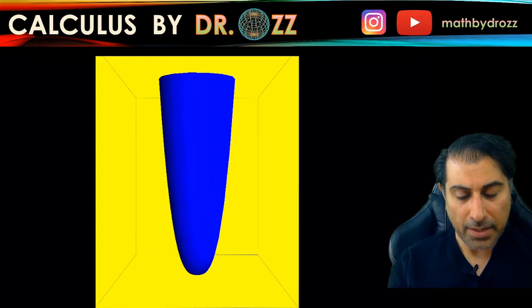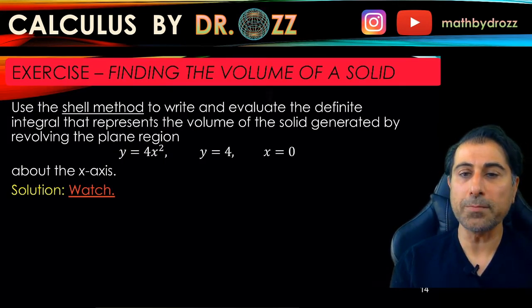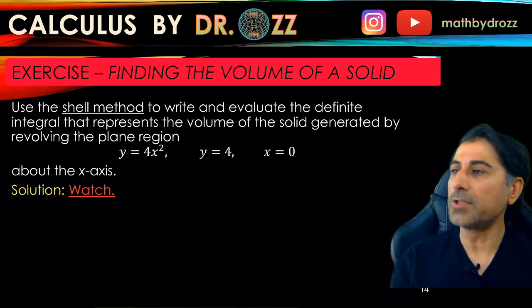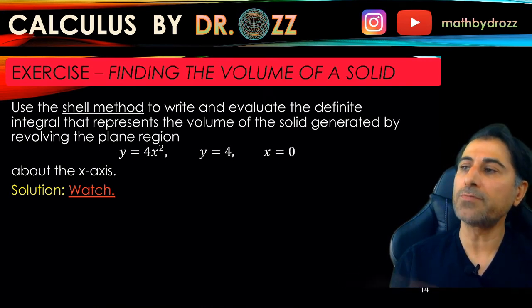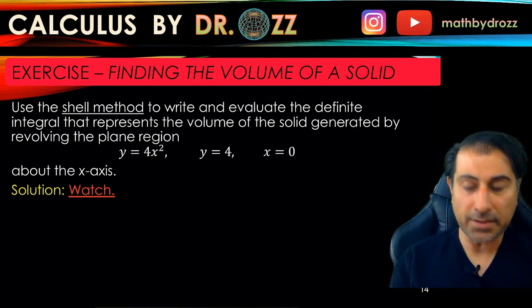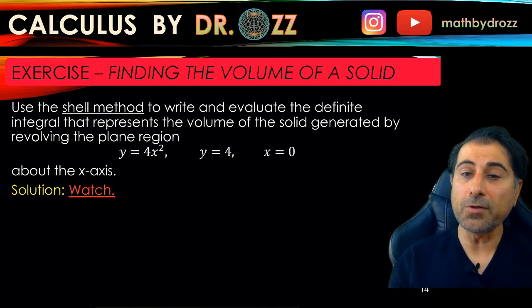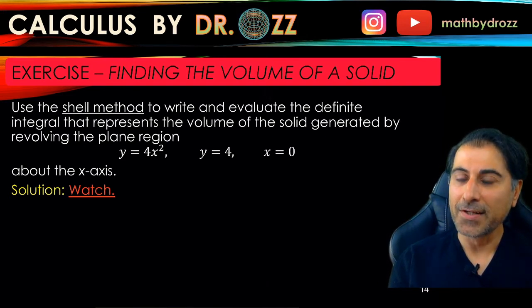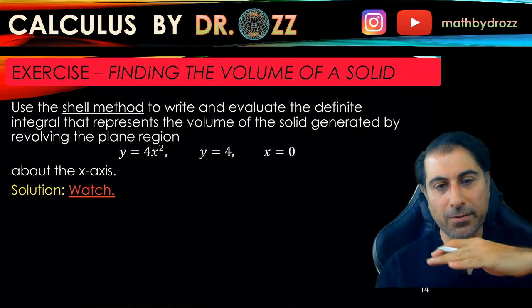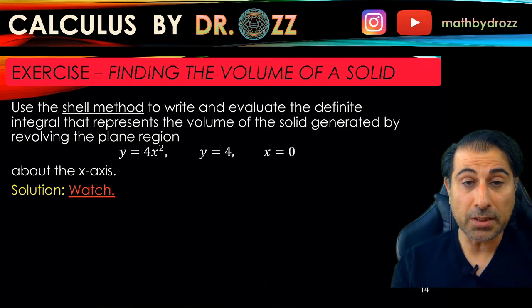Okay, and you're going to try to calculate the volume of this three-dimensional object. The second example is also about the use of the shell method, but this time we have the region bounded by the graphs of y equals 4x squared, y equals 4, that's a horizontal line, and x equals 0, the y-axis. But this time we're going to revolve this region about the x-axis, like revolving this region about a horizontal axis.